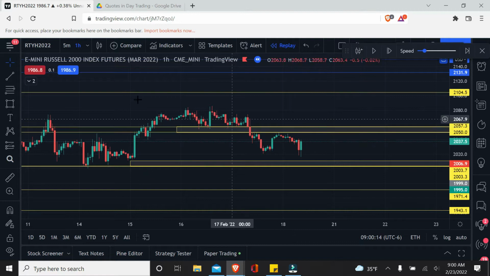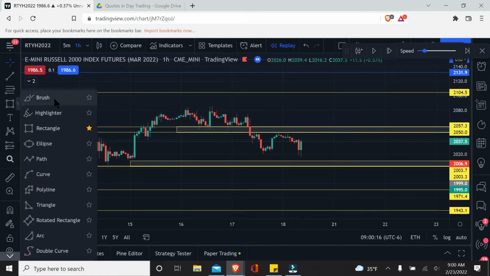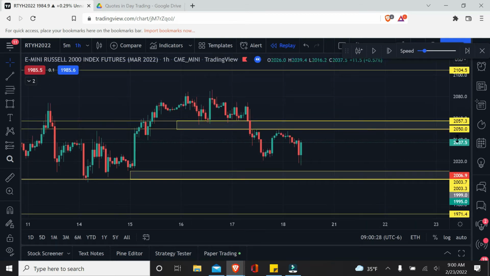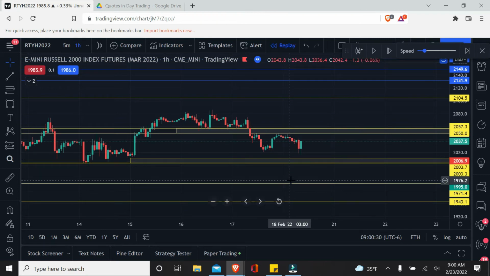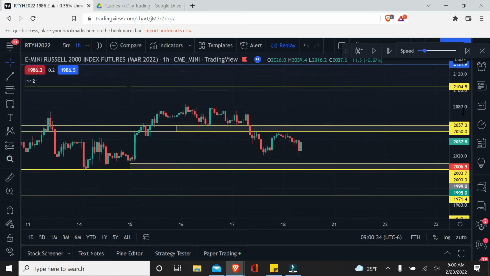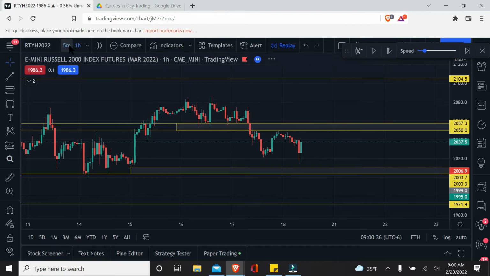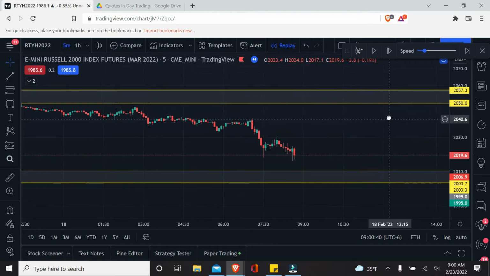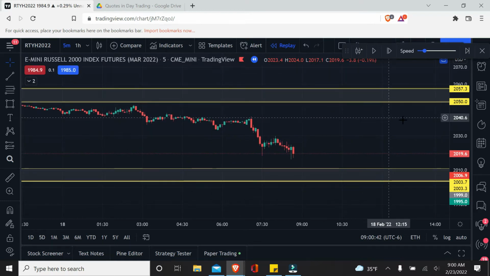I like to use the blocks, the little rectangles on the left, in yellow because it stands out, and I like to use zones. I don't like to use a particular line. Once you mark 2 positions below and 2 above the price, we can go back to the 5 or 10 minute chart, whatever you like to trade with.